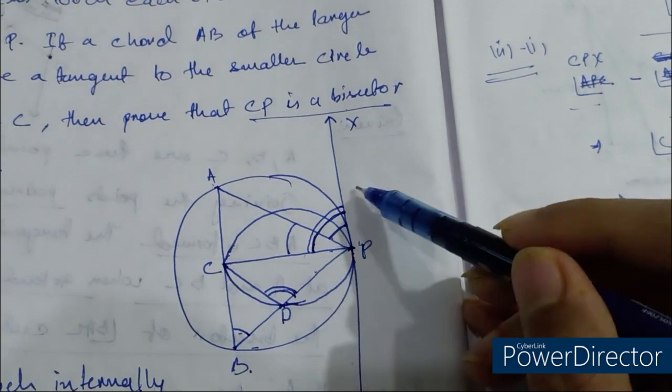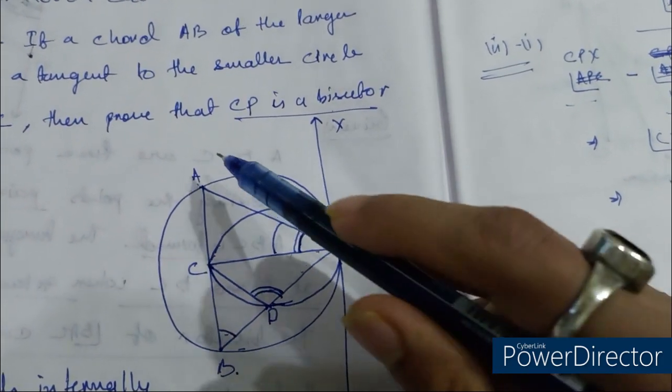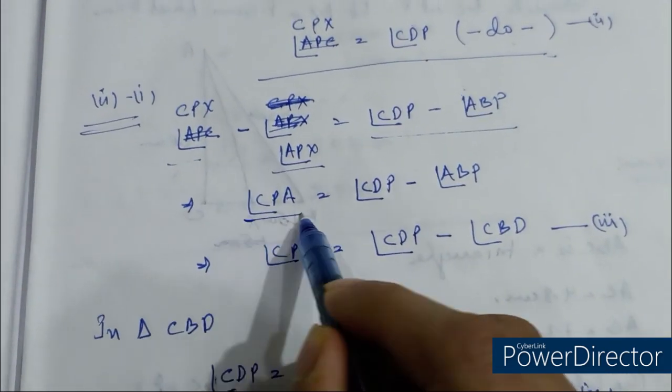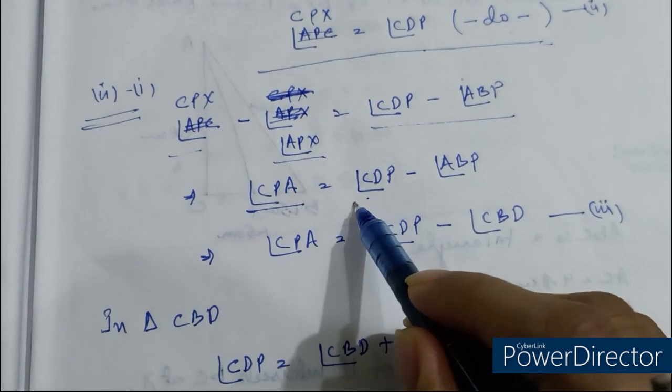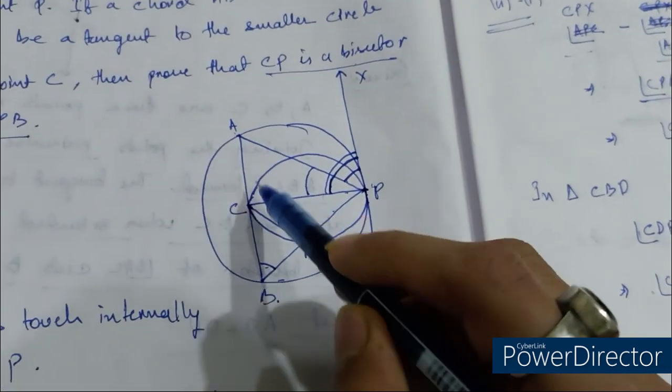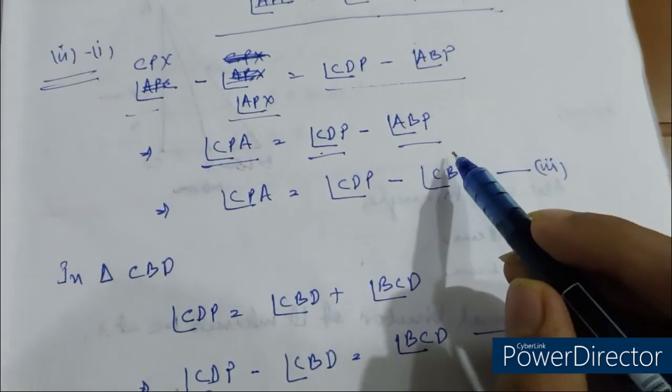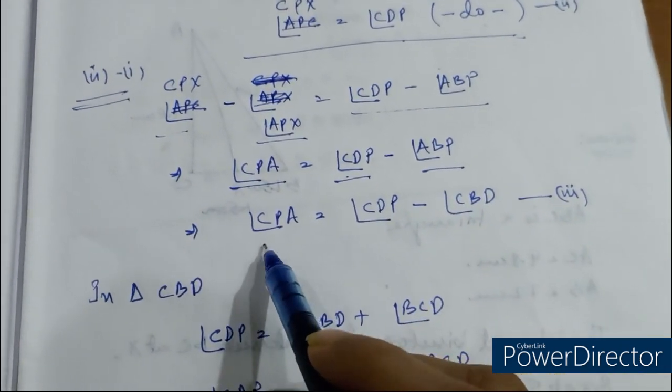Now you see CPX minus APX, I will get APC, or CPA. These two will remain like that only, CDP minus ABP.